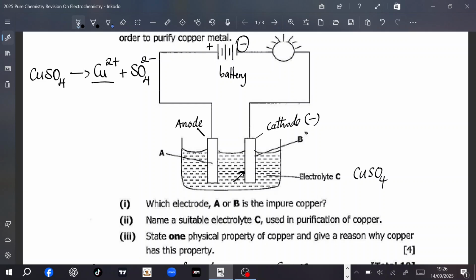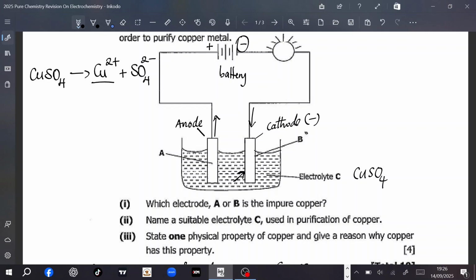If it is going to be attracted to the cathode, it means that it should gain some electrons from somewhere. Those electrons must come from this anode here. They must pass through the external circuit to the cathode so that they form copper.